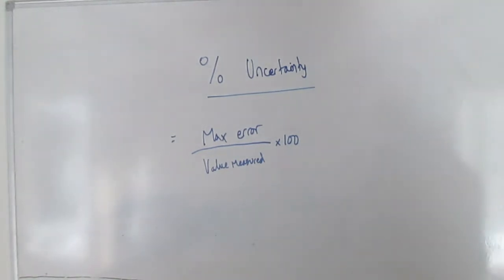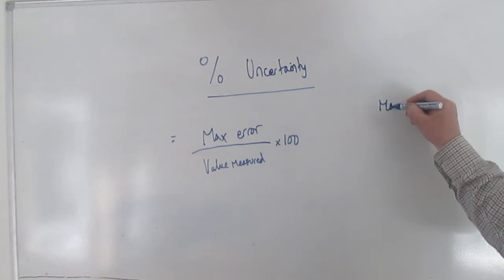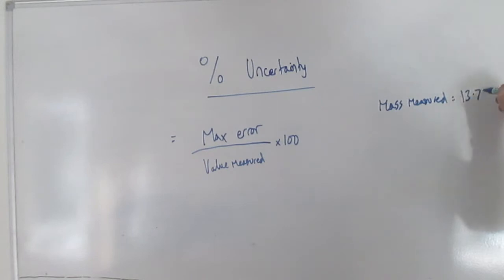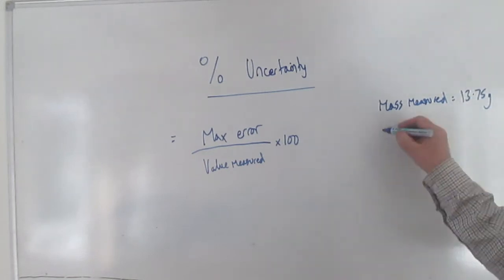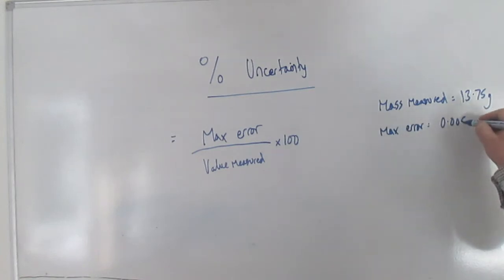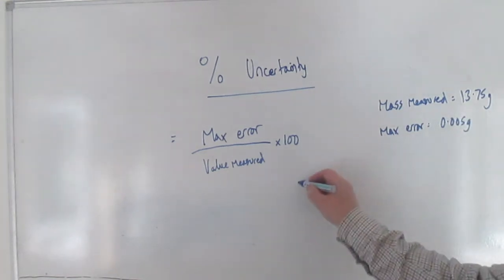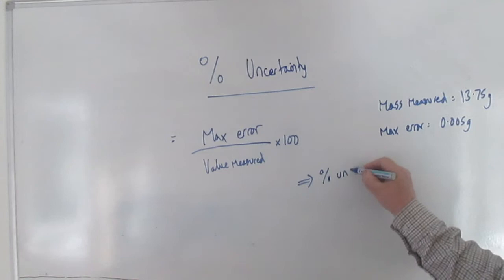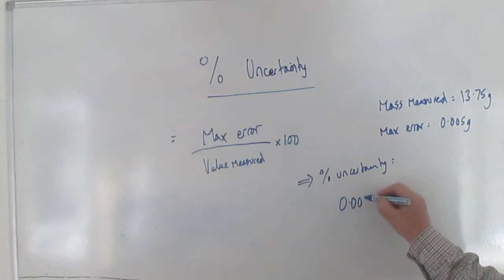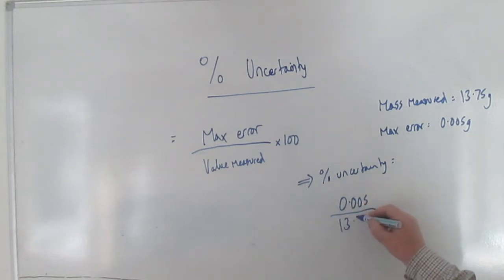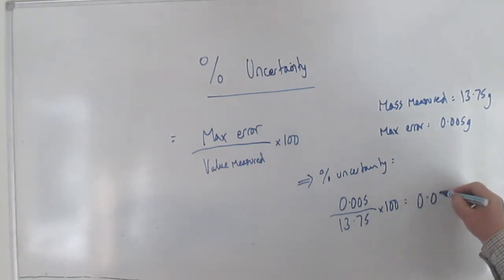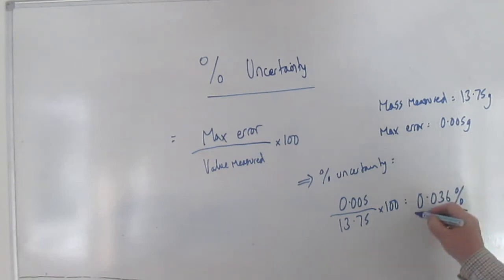So if, for example, we have a mass that's measured as 13.75 grams and we know that the maximum error is 0.005 grams, that would mean that the percentage uncertainty is just equal to 0.005 divided by 13.75 times 100, which is 0.036%.